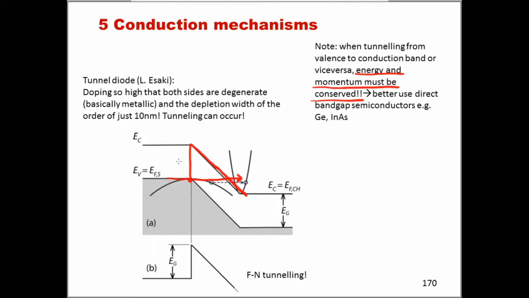So it is effectively the band gap of the material that defines the height of the barrier where the Fowler-Nordheim tunneling is taking place.